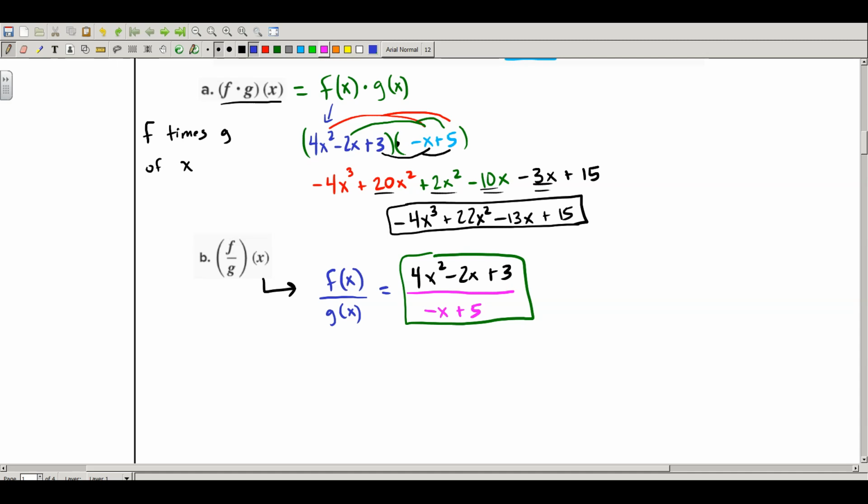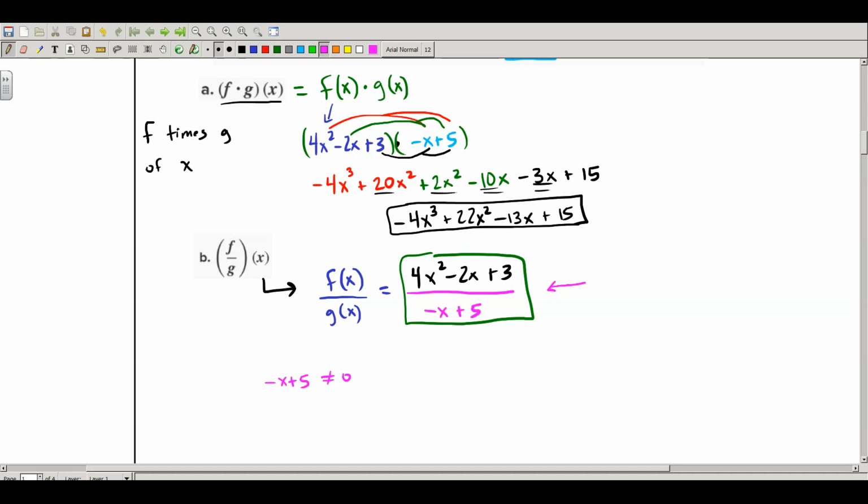The only thing we want to add to this is that since this new function does have a divisor, a denominator here of negative x plus 5, we do want to note that there is a domain change here. Since we cannot divide by 0, this negative x plus 5 cannot equal 0 because our denominator can never equal 0.